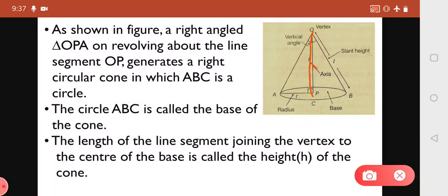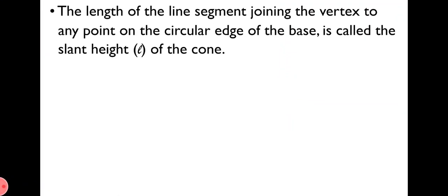It is also known as axis, and this is your height also, which is denoted by h. Then another is the length of the line segment joining the vertex to any point on the circular edge of the base, which is called the slant height, denoted as small l of the cone.